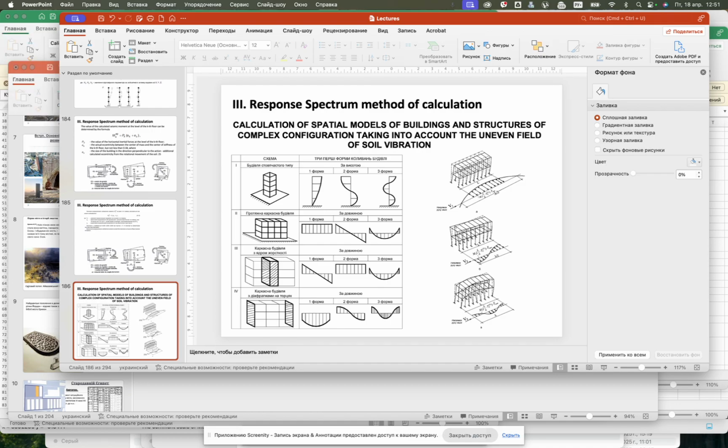This part of the spectral method gives an opportunity to take into account various special parameters of the building. For example, if the building is really long, then the running seismic wave will at first impact this part of the frame, then this part, then this part. One by one, it will impact each part of the building, and this effect of the running wave also has to be taken into account during the calculation.